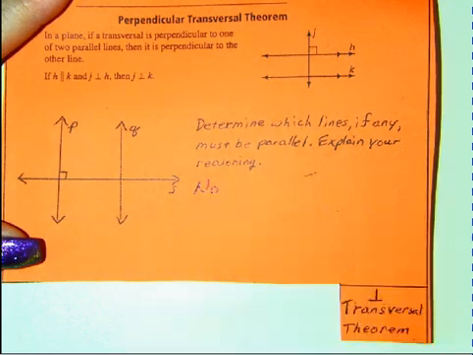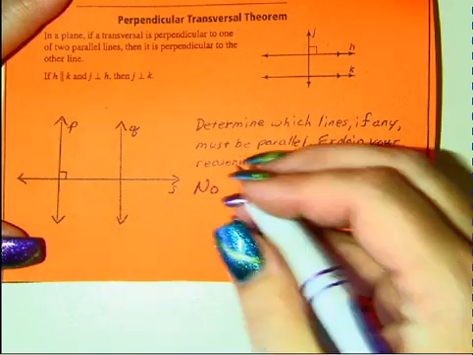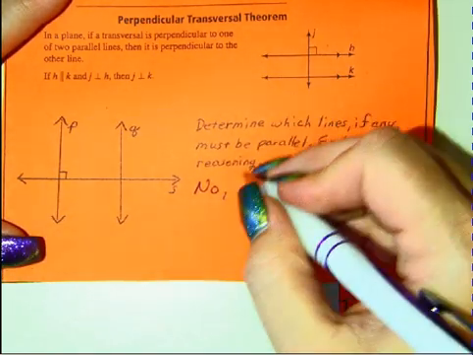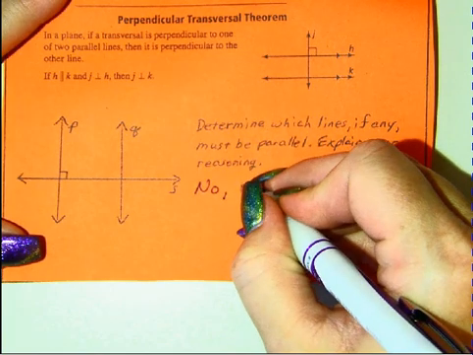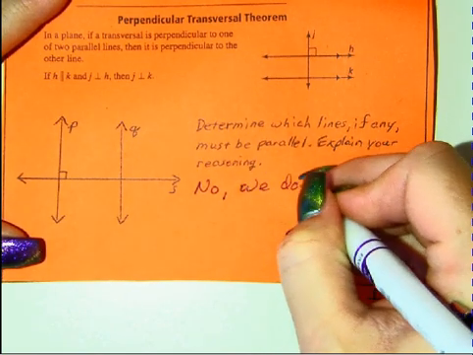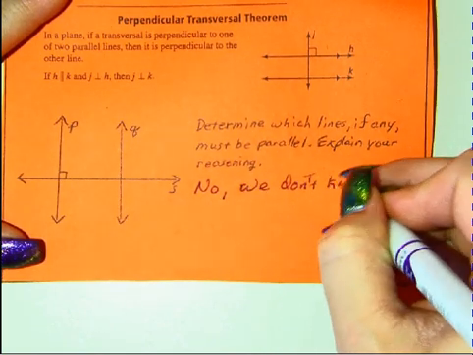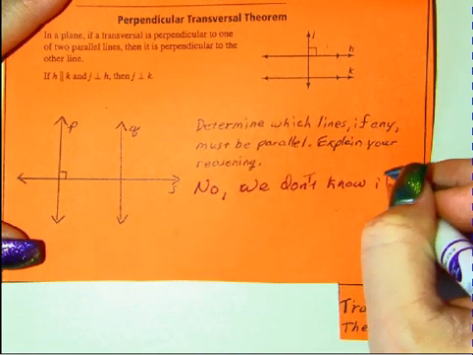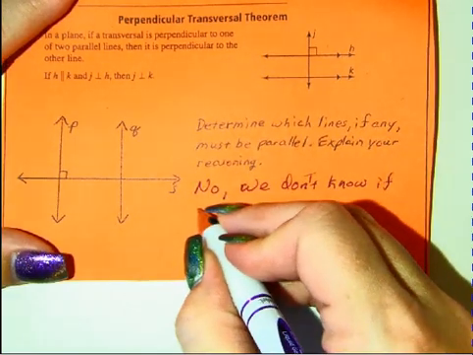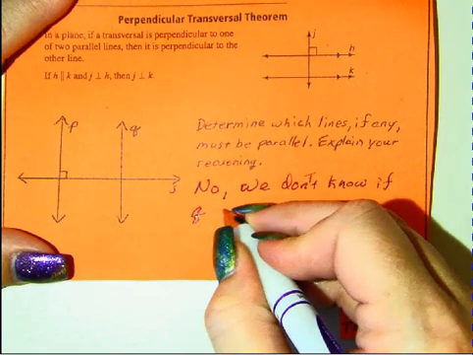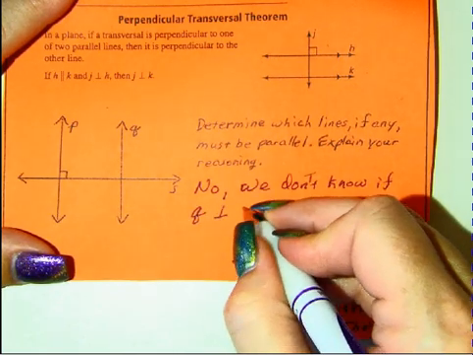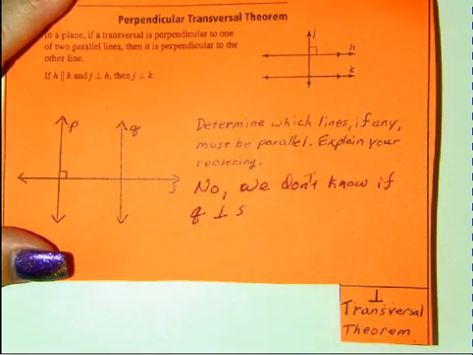You're going to say no. The reason why: we don't know if Q is perpendicular to S. We would have to know that Q is perpendicular to S in order for that to work.